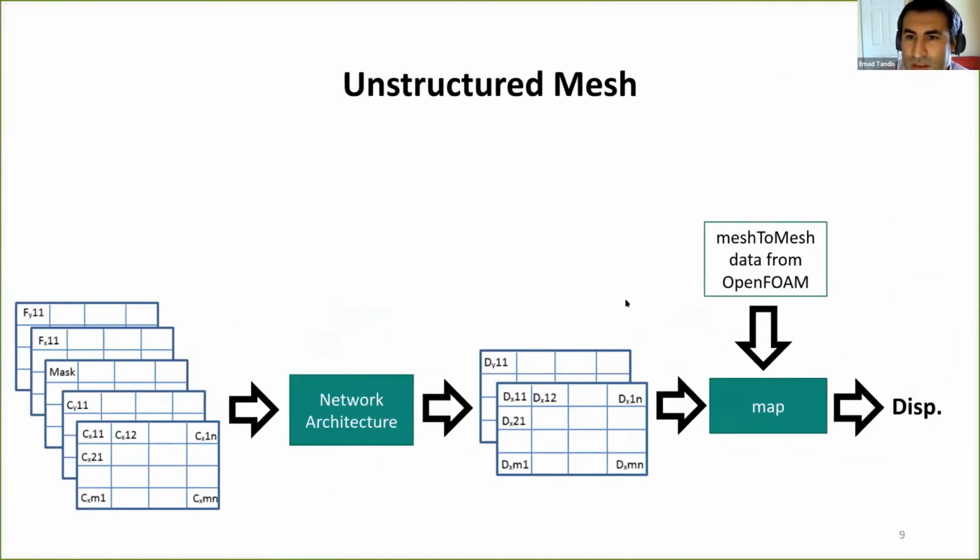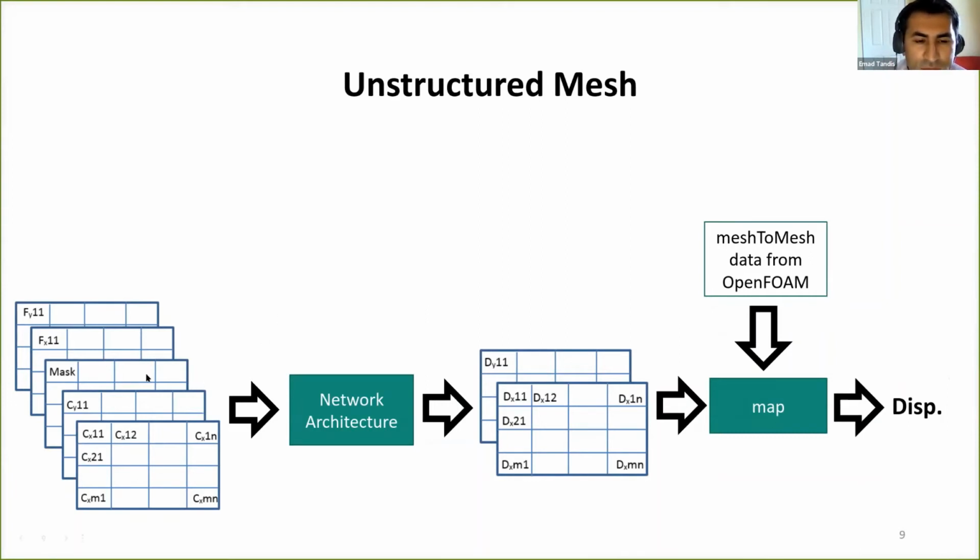In order to make this method applicable for unstructured mesh, and also suitable for convolutional networks, because convolutional networks are very good at spatial problems, we use the concept of dual mesh, in which we have two meshes. One is Cartesian and the other is the true mesh in the case.